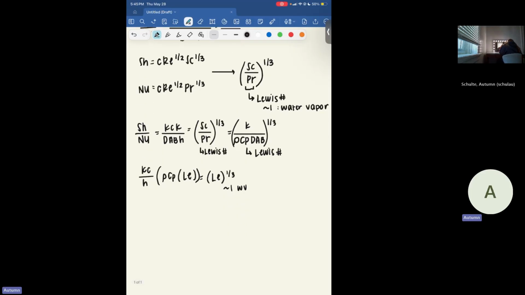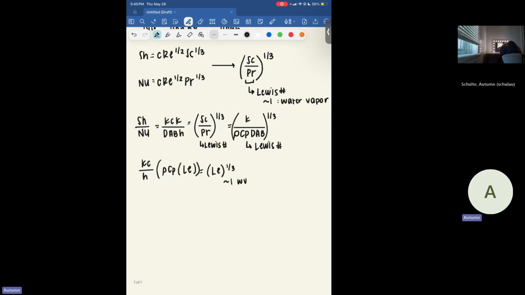So now if we divide this out, we have that the mass transfer coefficient divided by the heat transfer coefficient multiplied by the density and heat capacity is equal to 1. If we want to solve for the heat transfer coefficient, we have that the heat transfer coefficient is equal to the density times the heat capacity times the mass transfer coefficient.